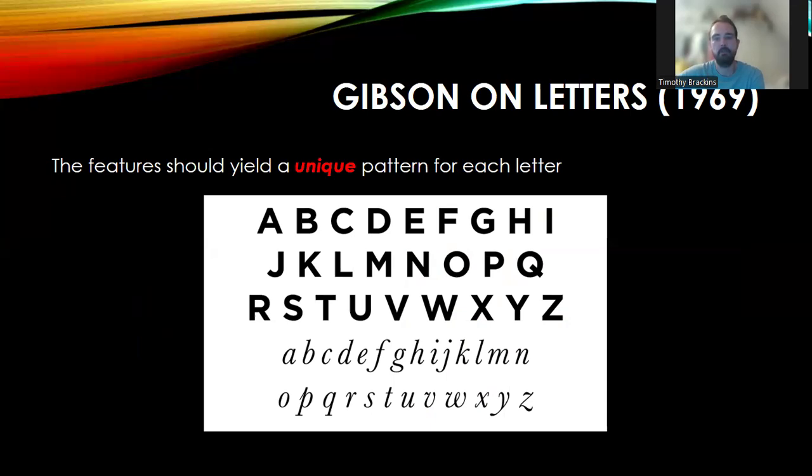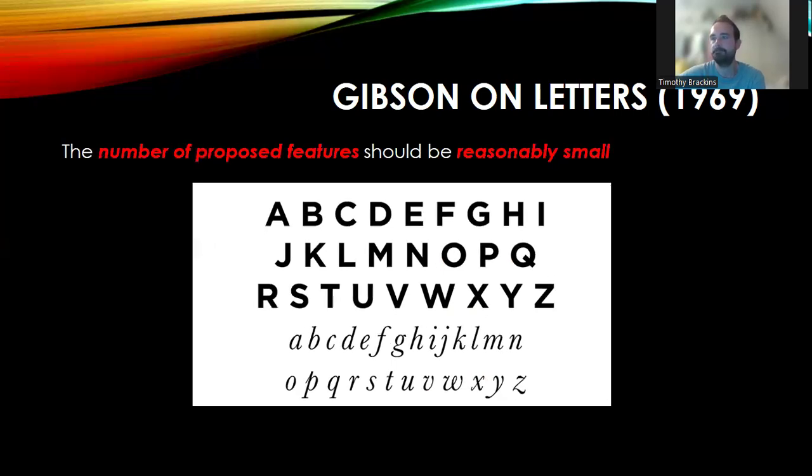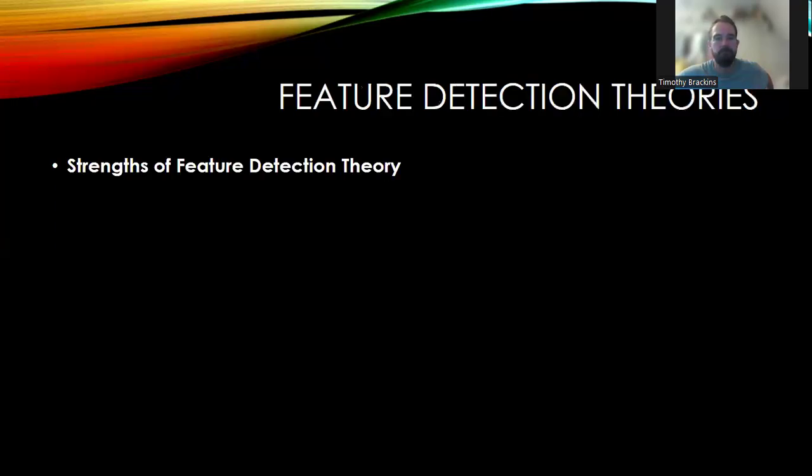So each letter has its own unique pattern of critical features. It's kind of a lot of stuff. And the number of proposed features should be reasonably small. So each object is going to have critical features, but not a ton of them. And they must remain the same, irrespective of context and so on. So a lot of qualifiers here.